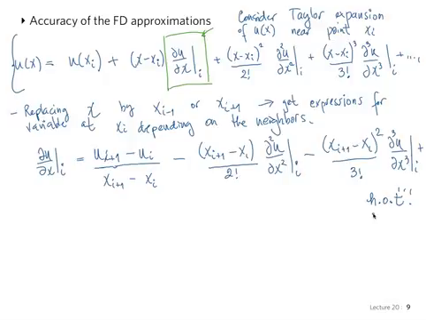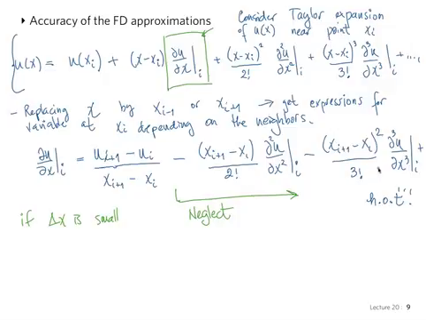So now you can see that if delta x is small, then all of these terms here can be neglected. The only possible problem would be if we have very high derivatives, but then let's not worry about that. Let's consider that the derivatives are well behaved, so we can neglect all that.